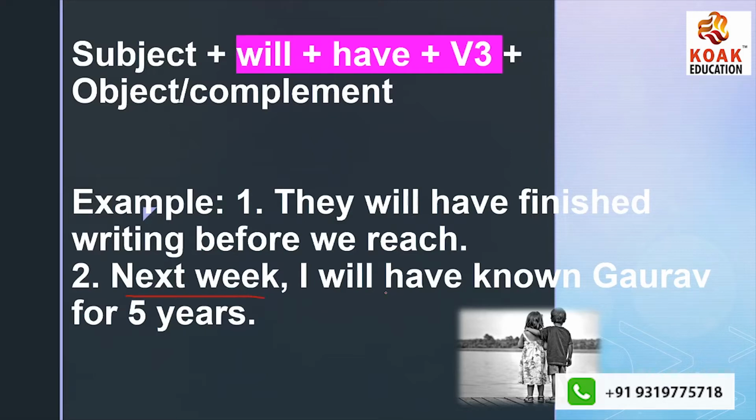Okay? All right. Now moving ahead, I have another example for you guys. Next week, I will have known Gaurav for 5 years. All right, this is huge, 5 years. Now, I am saying that the moment next week starts, I will have known Gaurav for 5 years, which means next week I will complete 5 years, and Gaurav and I will have known each other for 5 years.